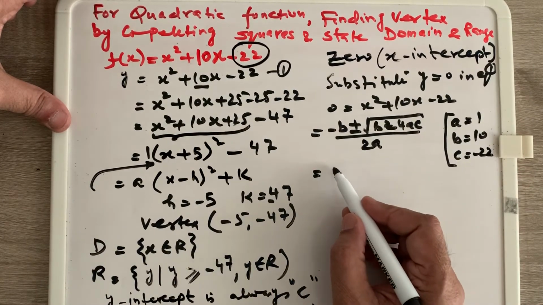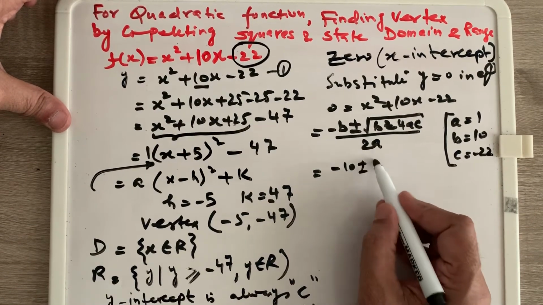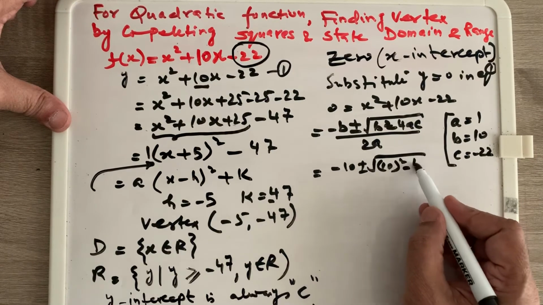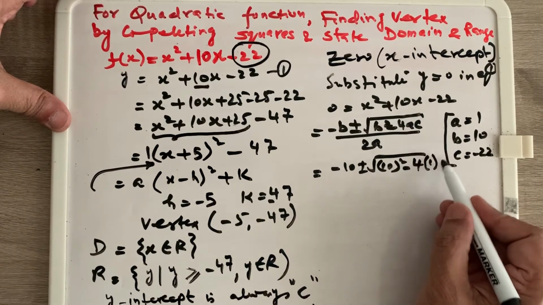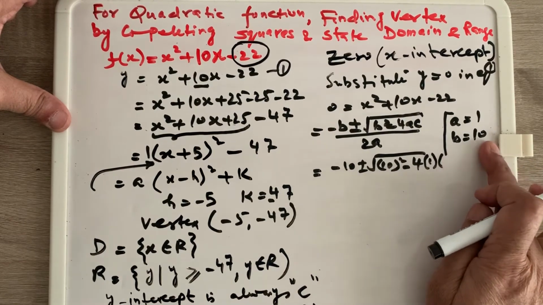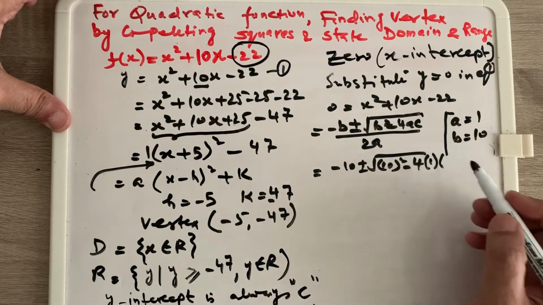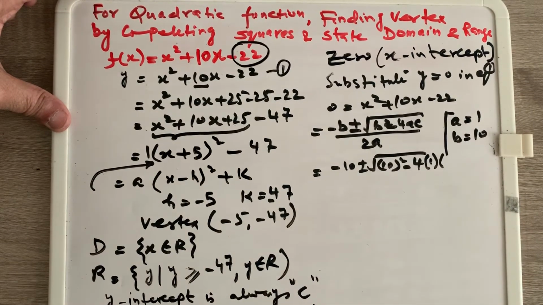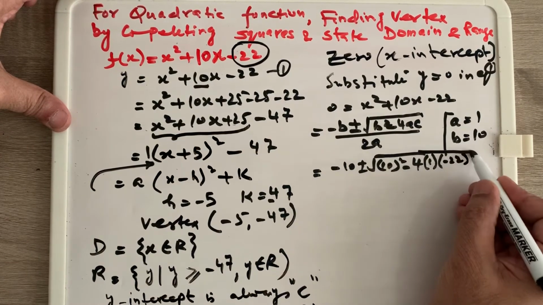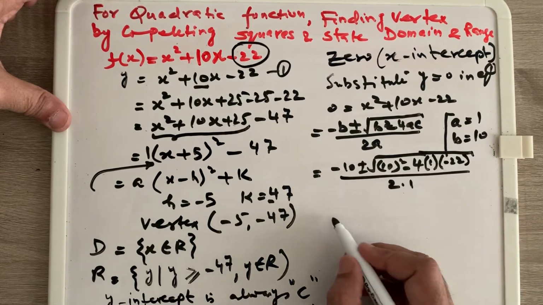So I have minus 10, and then plus minus under root b square, which is 10 square, minus 4ac, and my c is minus 22. So I put minus 22 here, and then I will divide it by 2a, and a is 1.